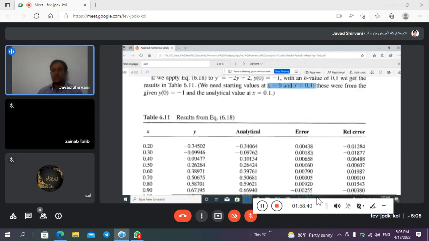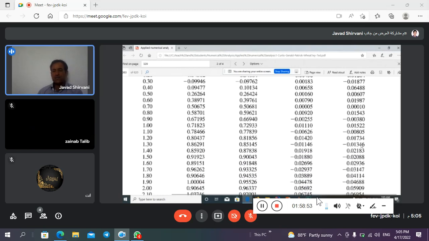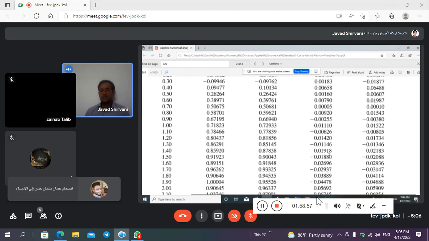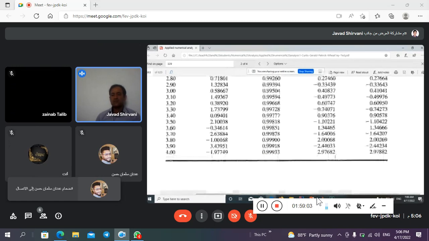You can see the computed value of y, the analytical or exact value of y, the error and the relative error. As we get away from the initial point, we get higher and higher errors.